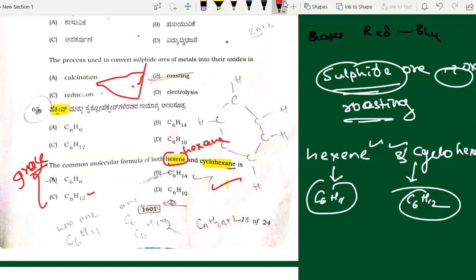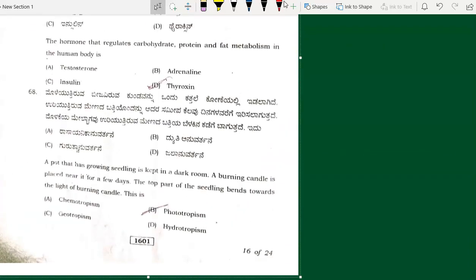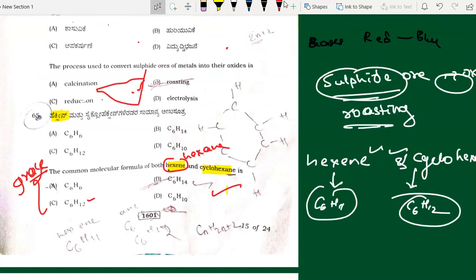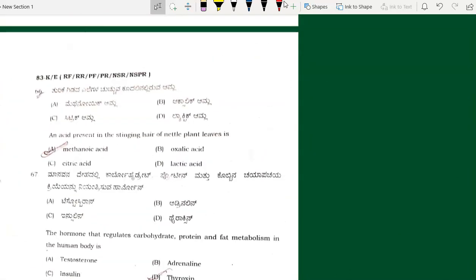Okay, let's go to the next question. We'll wait for the key answers. As of now, it is a grace question, grace marks.